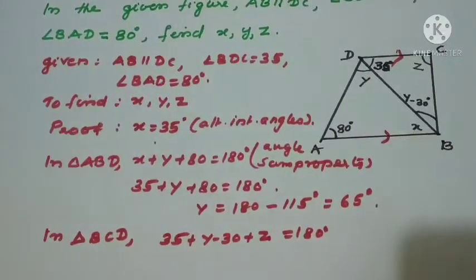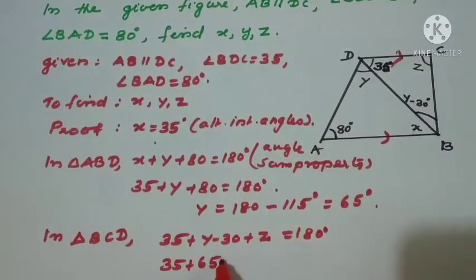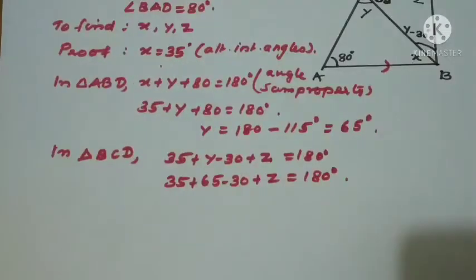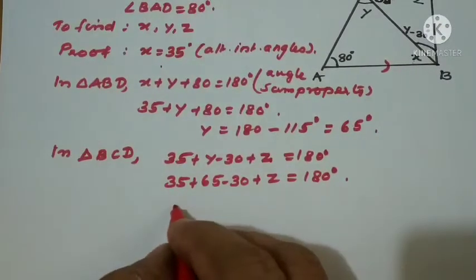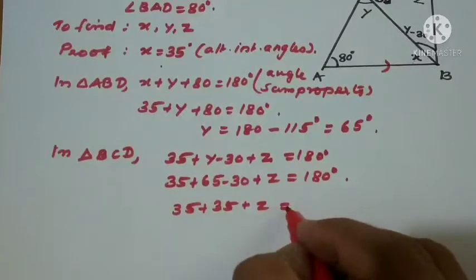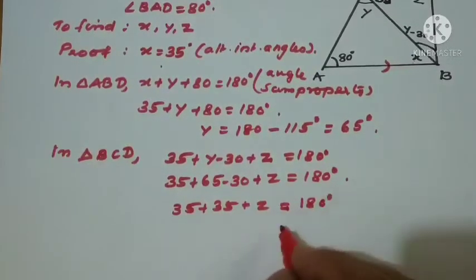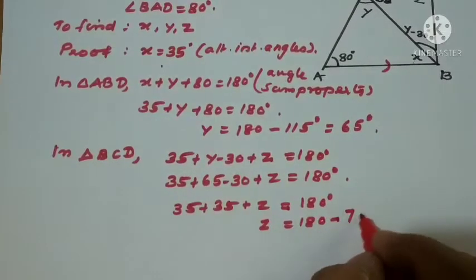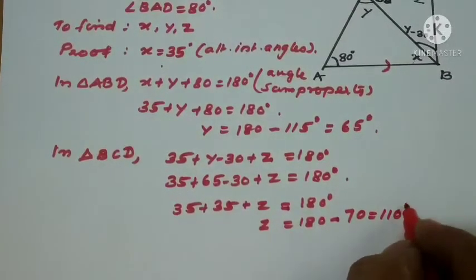It is 65 minus 30. So 35 plus 35 plus Z equals 180. So Z equals 180 minus 70 equals 110.